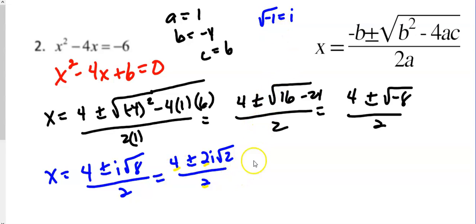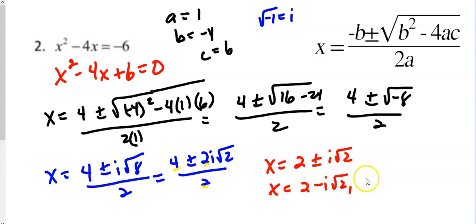So our final answer is going to be x is equal to 2 plus or minus i square root of 2. And if we got to split it, x is equal to 2 minus i square root of 2 and 2 plus i square root of 2.